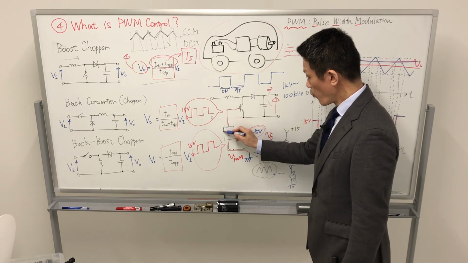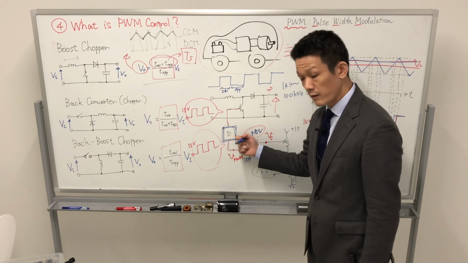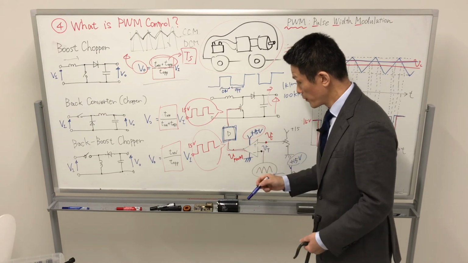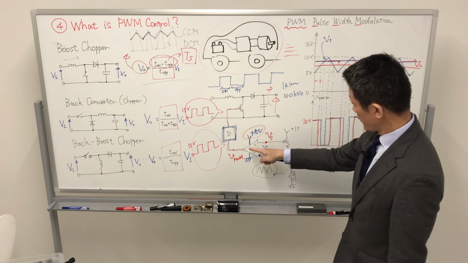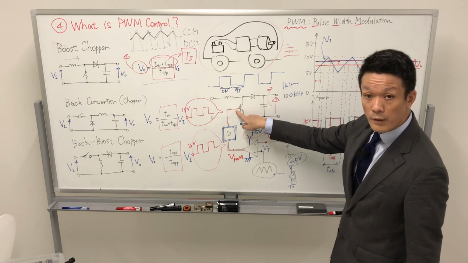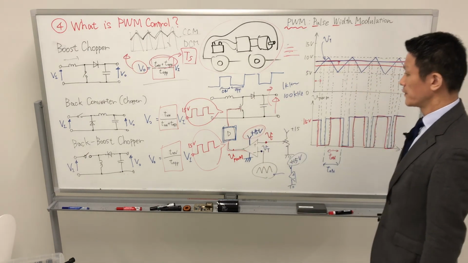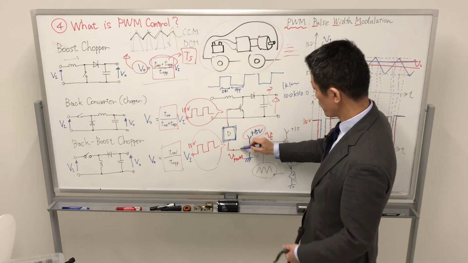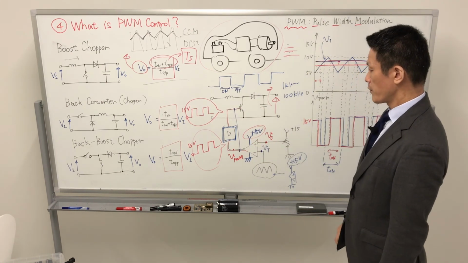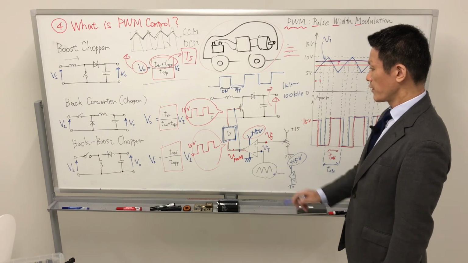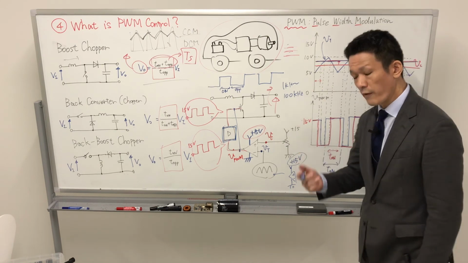So why do we require this gate drive circuit? It is almost the same, so can you input this voltage directly? What occurs with a direct connection? We might think it is okay, but it is not okay.